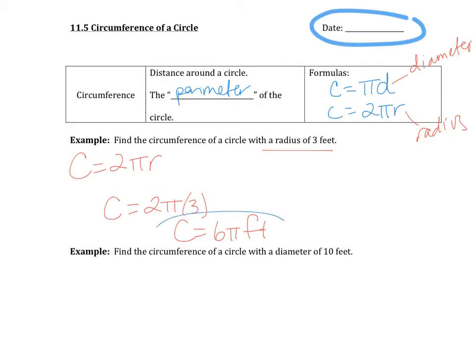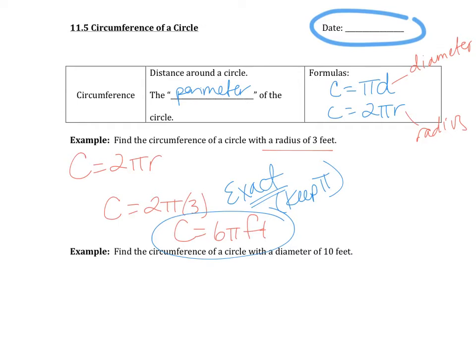It's important to note that this is the most exact answer, and that's when we keep pi in there, that symbol. If we wanted to do the approximate answer for that, let me change colors here.